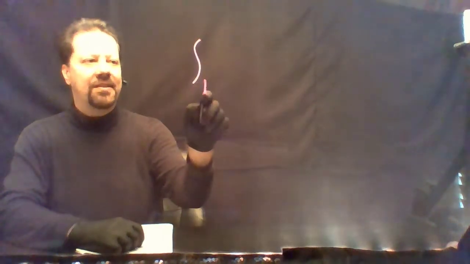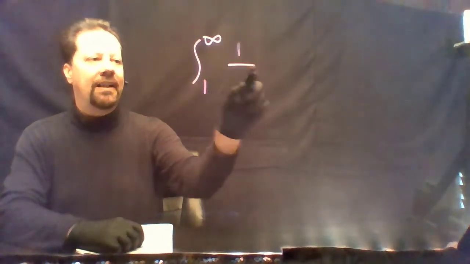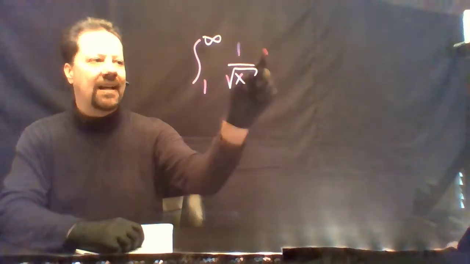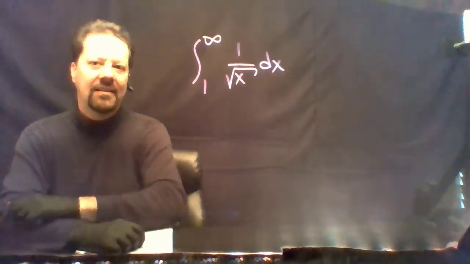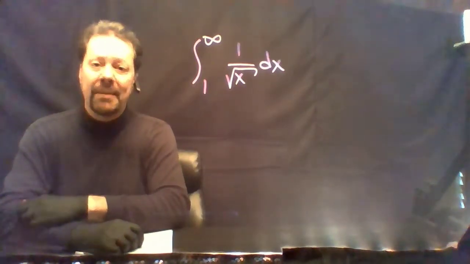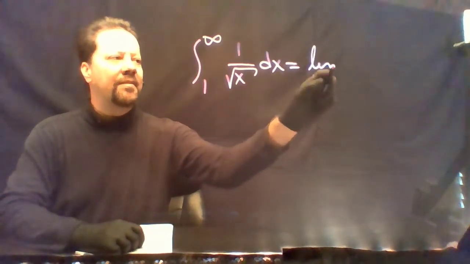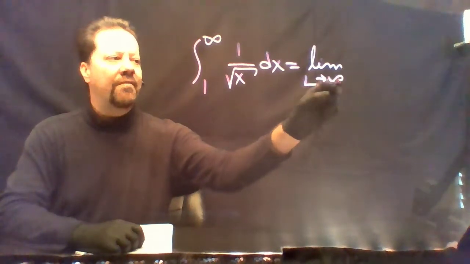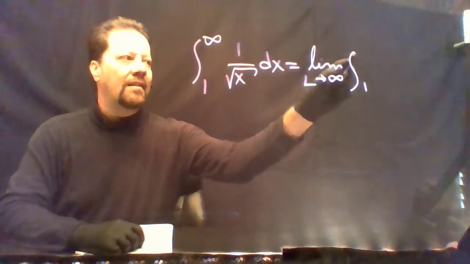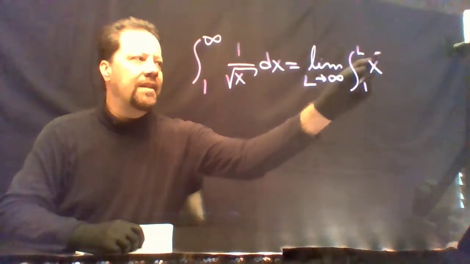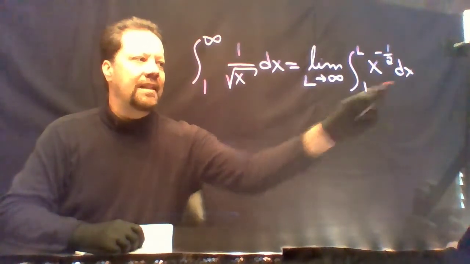The third problem in this series is the integral from 1 to infinity of 1 over the square root of x dx. Again, this is improper because one limit of integration is infinity. And so we'll write this as the limit as L goes to infinity, the integral from 1 to L, of x to the negative 1/2 dx.